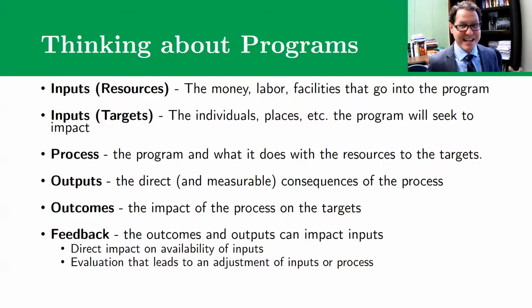It takes the resources and the targets and makes them interact in some way. And out of that come outputs, things that we can measure and track, and then outcomes, things that we've logically linked to our goal. That might be a little bit abstract, a little bit harder to measure, but we've theoretically linked it in, and then our feedback loop as well.